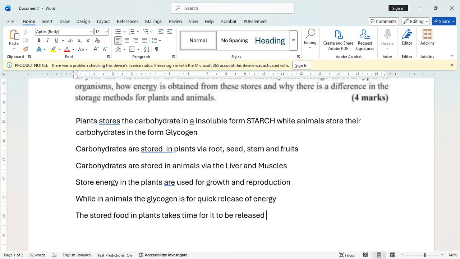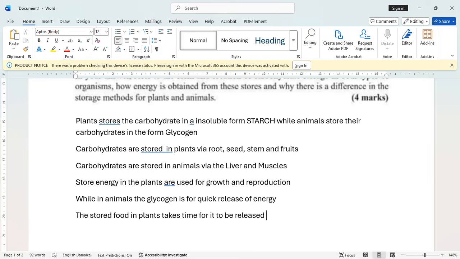Glycogen is insoluble, starch is insoluble. The purpose of that is to ensure that it doesn't hamper the concentration of the cell due to osmosis. Because where you have a high concentration, you're going to have water molecules going into those areas. So it is insoluble, meaning it won't dissolve in the water, so it won't affect it as much.